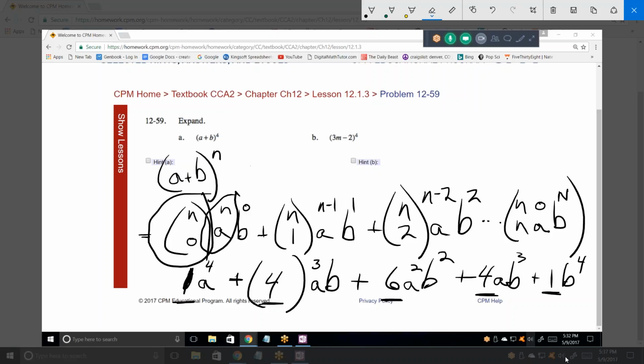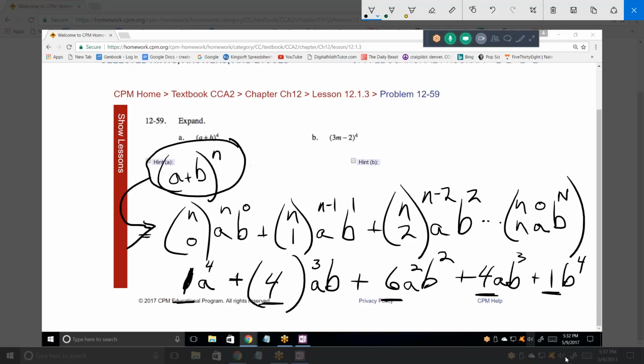All right, I won't erase anything. We still want this standard formula for what a plus b to the n is. This is the generic formula. So it doesn't matter whether you have a plus b or 3m minus 2. 3m is a and b is minus 2.